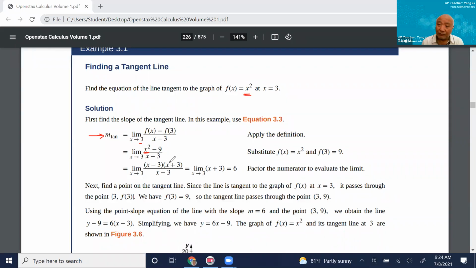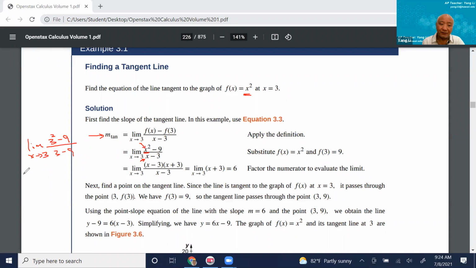But be careful, in chapter 1, we learned about limits, right? But if you directly do the limit, x approaches 3, you go to here, you go to here. What happens? You will get the limit as x approaches 3, you have 3 squared minus 9 over 3 minus 9.